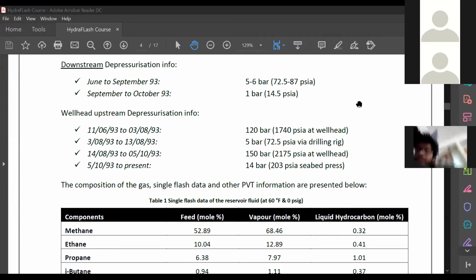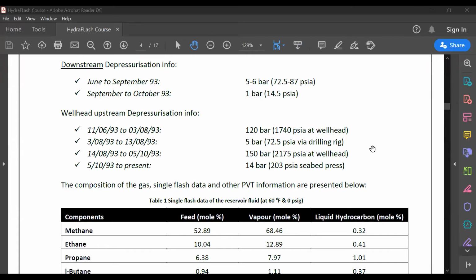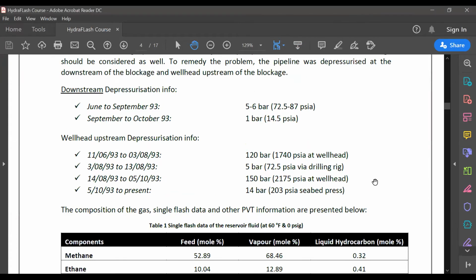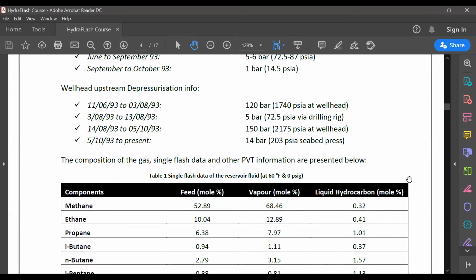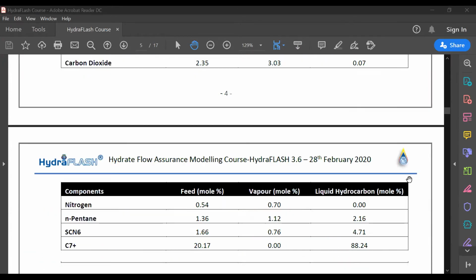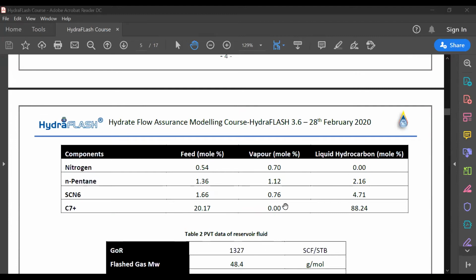This case came to us in 1994, and they had a blockage. If you go back and look at the composition of the fluid, look at the C7 plus, please.